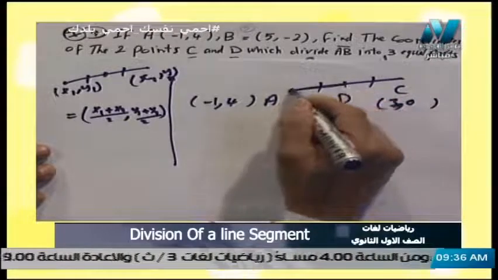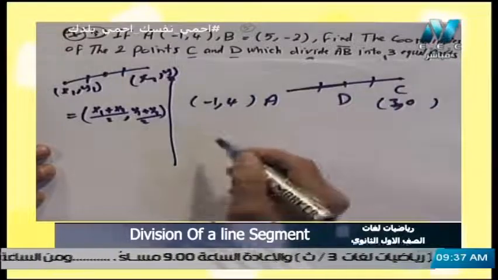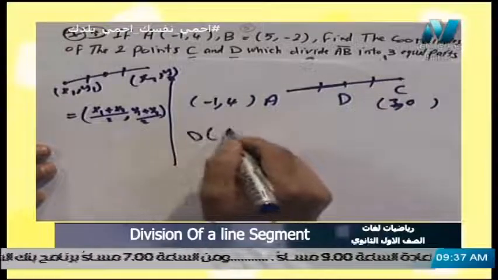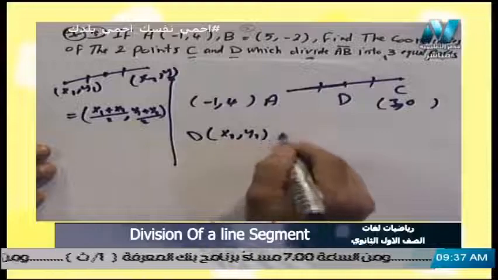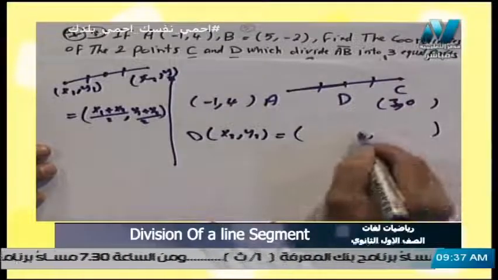D is the midpoint of A and C. So D, which is x2 and y2, as we said, equals what?